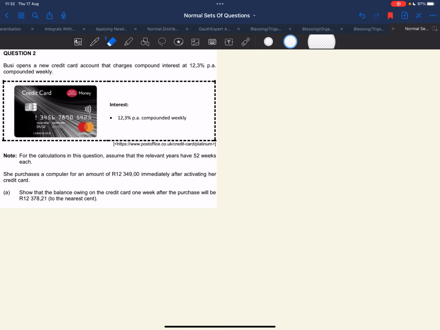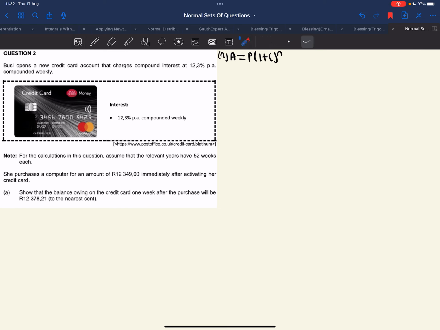Okay, right. So in this kind of question, before we can even deal with it, we can immediately identify that this is a compound interest kind of equation. So the compound interest formula is given as A equals P(1 + i)^n.